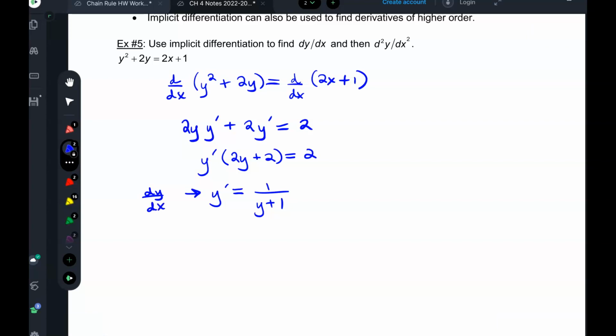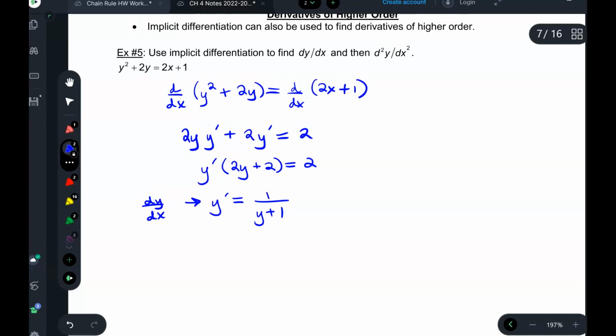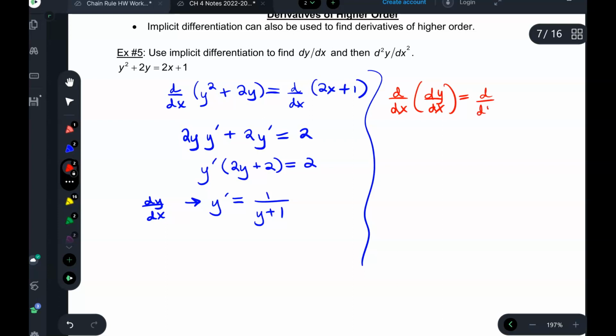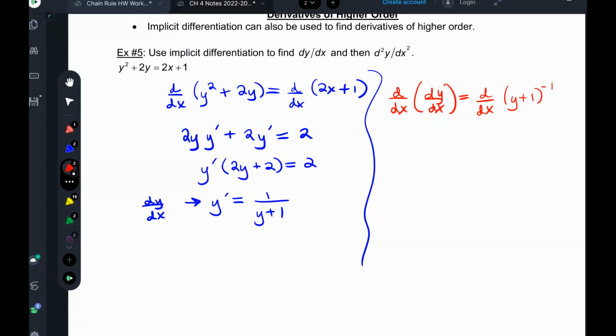dy dx. Now, what I want to do is take the derivative of that. I'll do it over here. I want to take d dx of dy dx, and I'm going to rewrite that as y plus 1 to the negative 1.